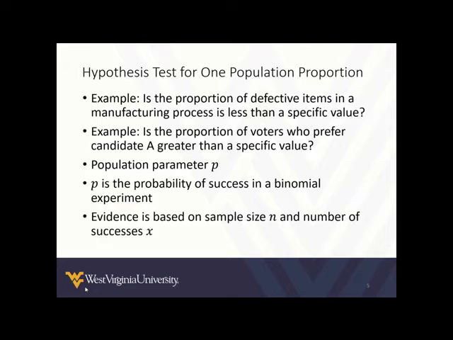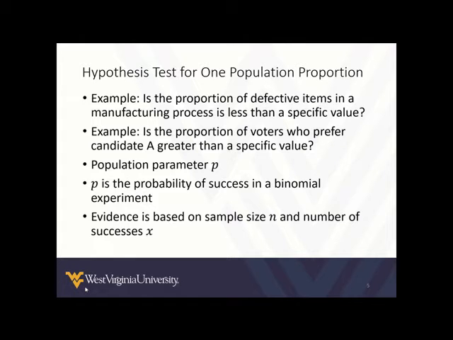In our previous lessons on hypothesis tests, we were doing a hypothesis test for one mean, or mu. And now we are switching over to examine a proportion. And so we'll be using the letter P, where P is the probability of success in a binomial experiment.